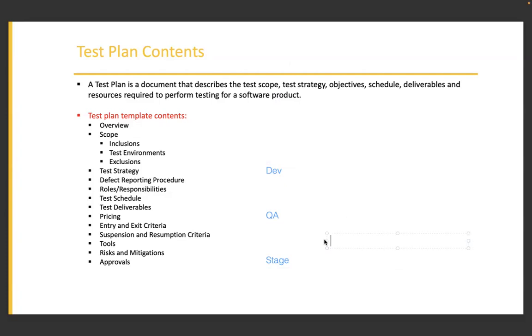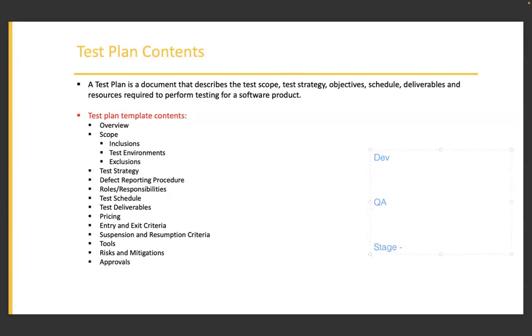So what I was saying, guys, let me clear everything. Just to give you a high-level insight, we have three environments, as correctly mentioned: dev, QA, and stage.